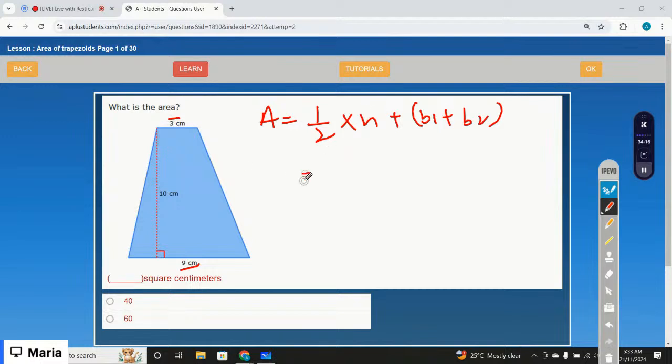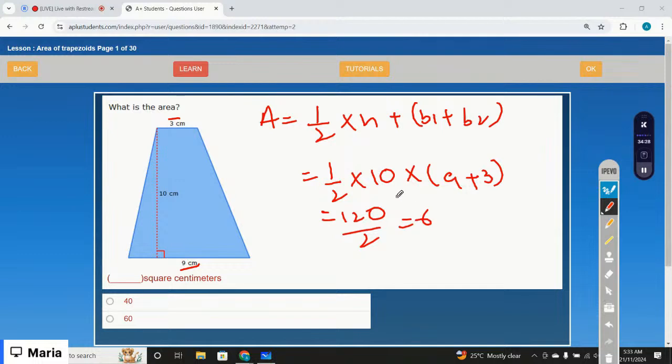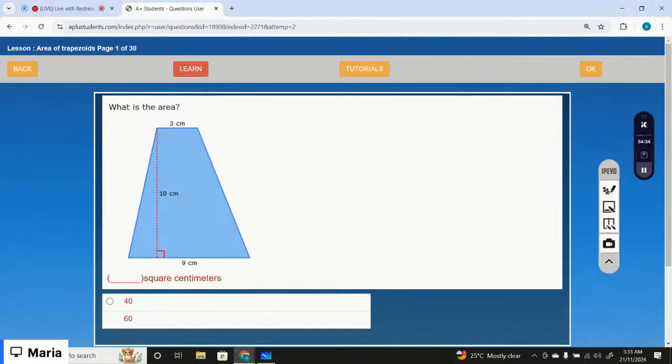So let's just add, that is 1 by 2 times 10 times 9 plus 3. 9 plus 3 is 12. 12 times 10 is 120, and 120 divided by 2 is 60. The correct option is option number 2. That is 60.